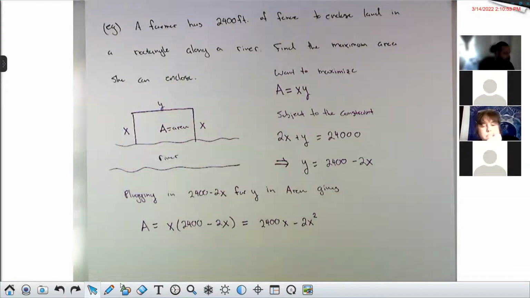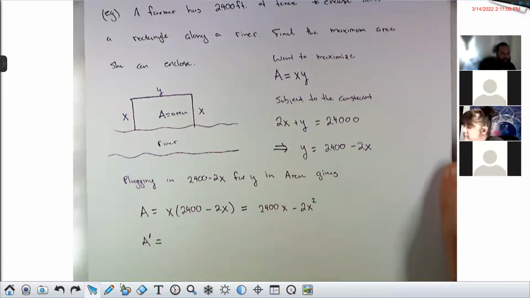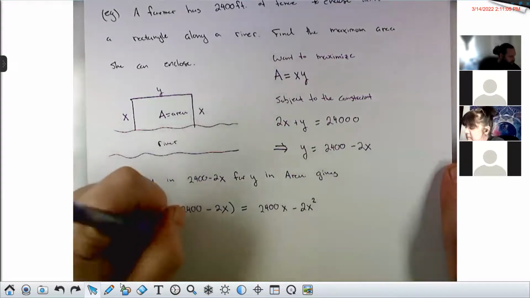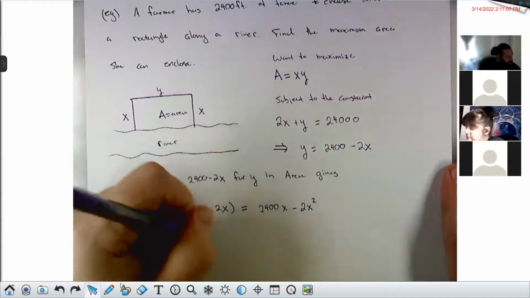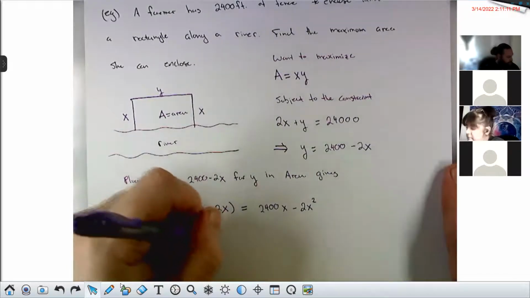So now A prime, the derivative of this area function, is going to be, let's see, the derivative of 2400x, that's 2400, minus the derivative of 2x squared, which is 4x.